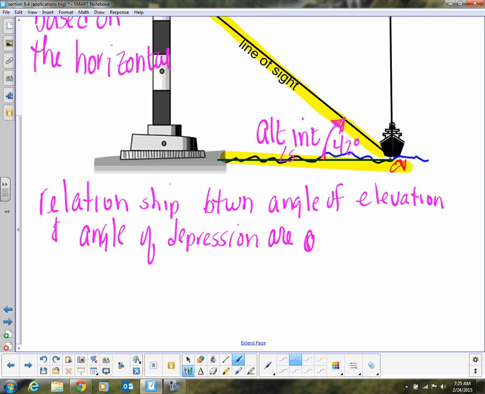Alternate interior angles, meaning they will always be, alternate interior angles are always going to be what? Right.